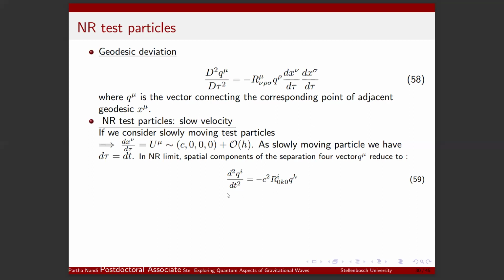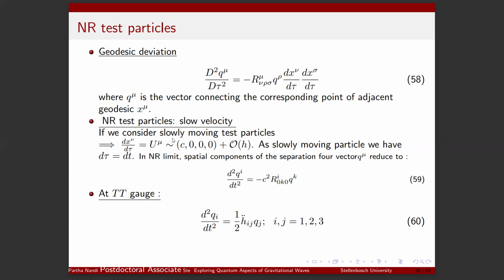Now, one can recognize that these equations again look like Newton's equation of motion, where the left hand side is just acceleration and the right hand side defines the force term. At the TT gauge, or transverse traceless gauge condition, one can read off that this curvature component is just a second order time derivative of the metric component. So there are two conditions already incorporated.